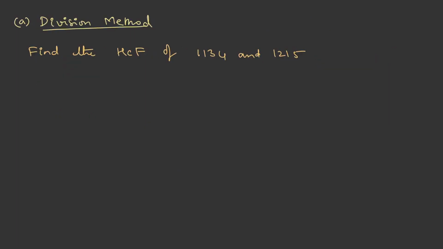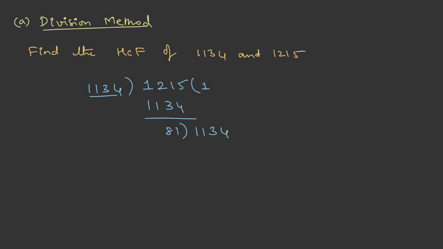Now let's look into the division method. Find the HCF of 1134 and 1215. In this, divide the larger number by the smaller number. So 1215 can be divided by 1134. 1134 one time is 1134, remainder is 81. Once you get the remainder, with this remainder divide the divisor.